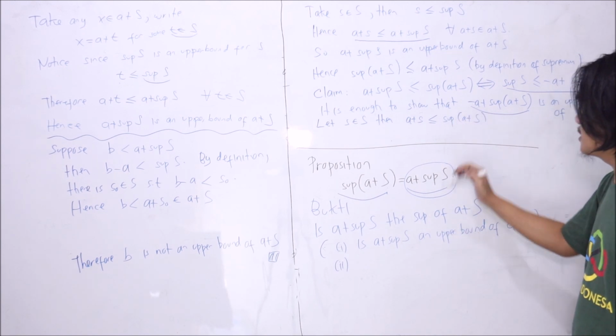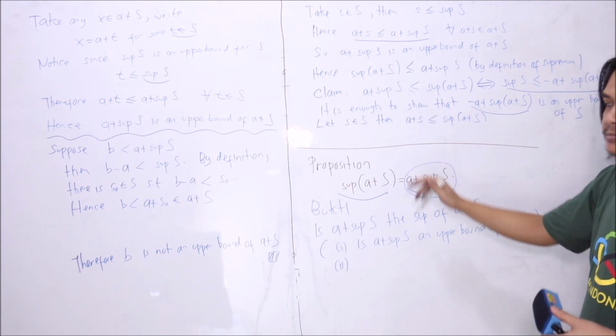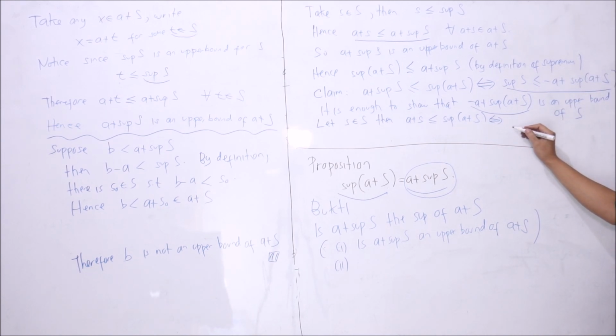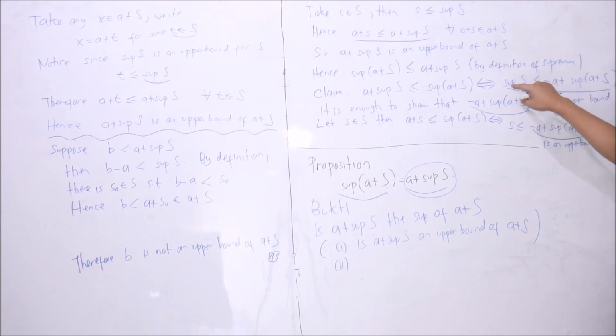Because this guy is the smallest upper bound of all elements of this form. Okay, but this is equivalent to s less or equal to minus A plus sup of A plus S, meaning that this guy is an upper bound of S. So we are done, right? Why? Because since this guy is an upper bound of capital S, then compared to the smallest upper bound of S, this upper bound is still bigger or equal to that smallest upper bound.